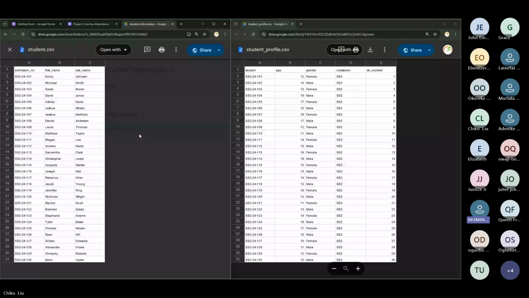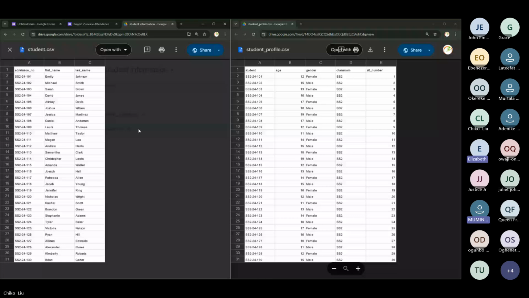Okay, let me go next. This is Muminat. Okay, continue. For the right table, the admission number is the primary key.